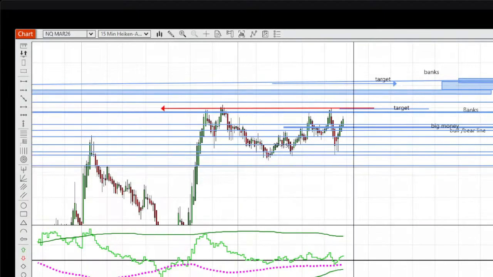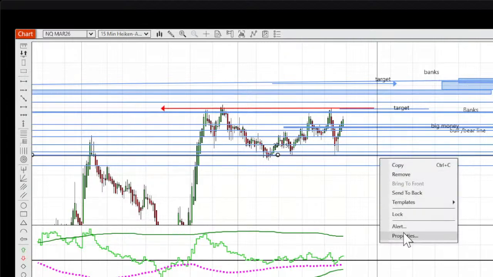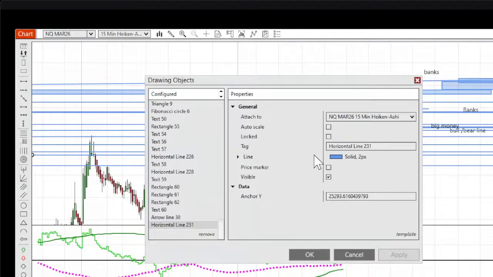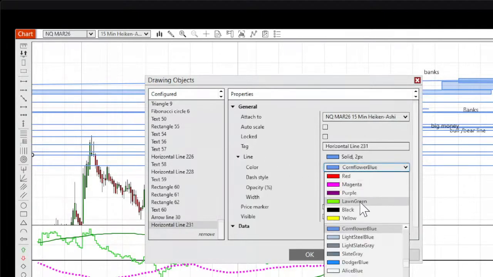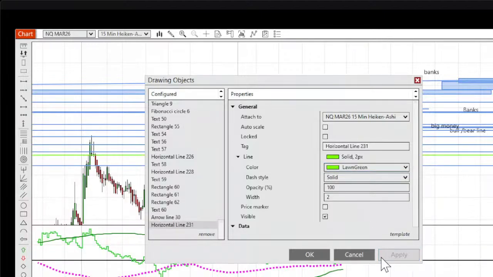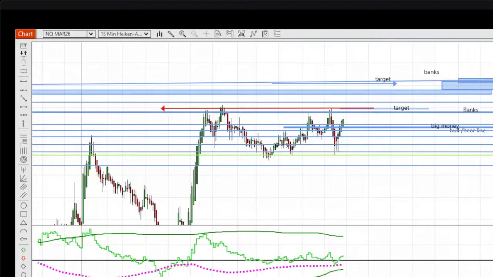Right there. This one. Which is kind of good right there. Bull bounce level. There you go. These hardly ever come up, guys. Ever. But hey, we'll take it.